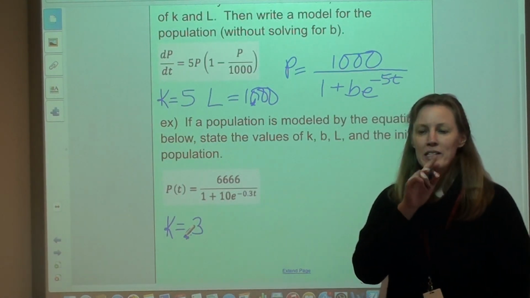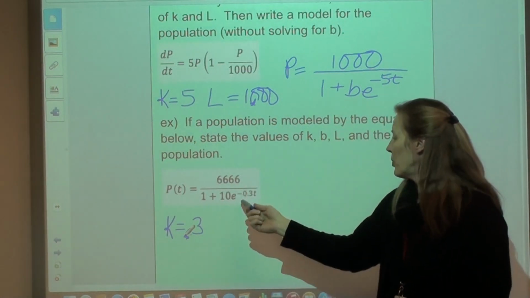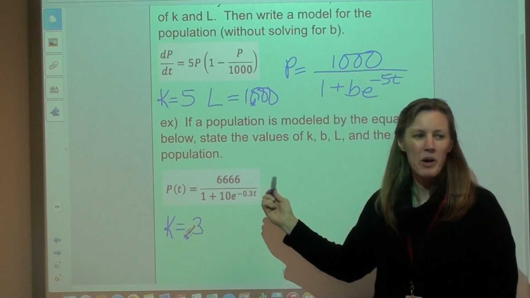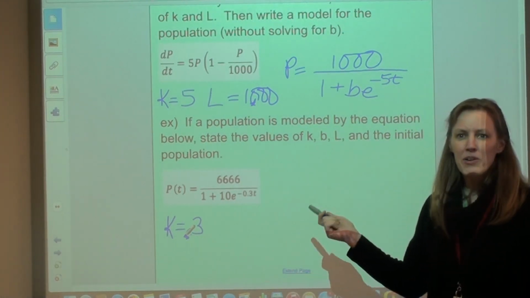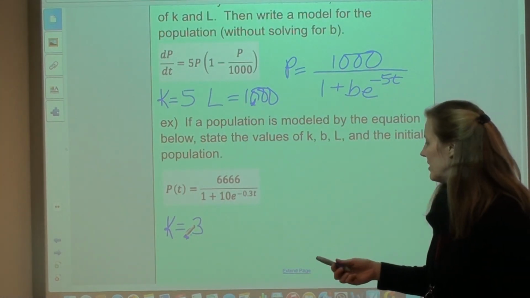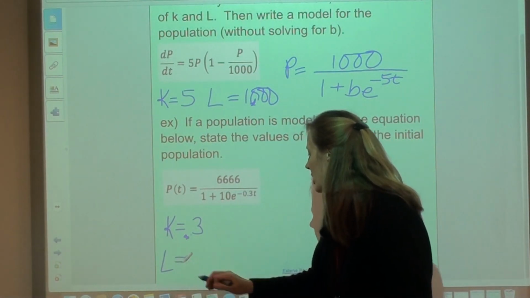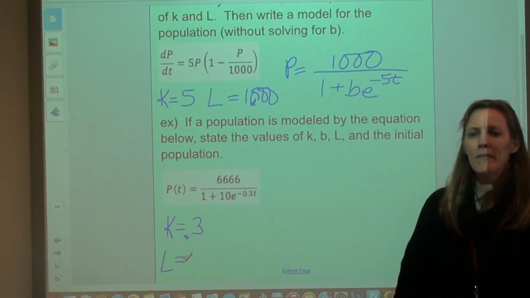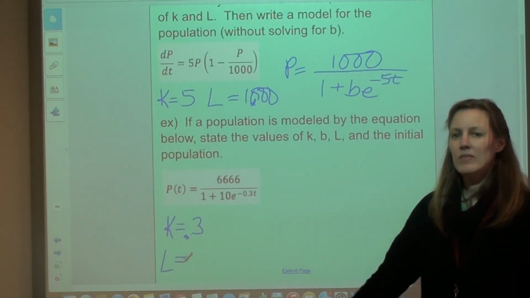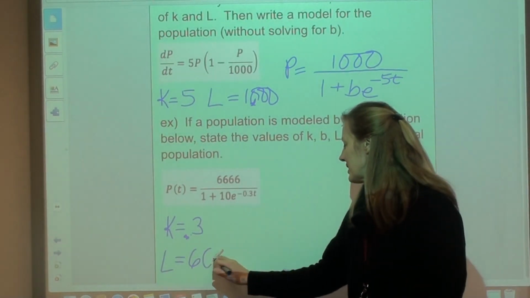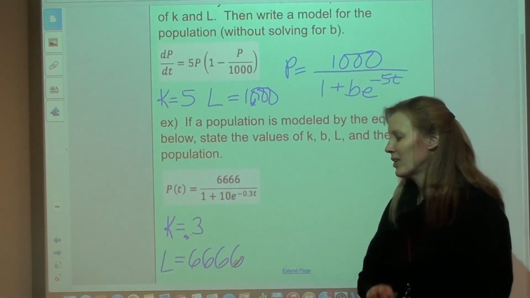Okay, guys, quiet down. K is just 0.3. That negative is part of the formula, so be careful about that. Okay, so show me guys what's L? 6, 6, 6, 6. Very good.